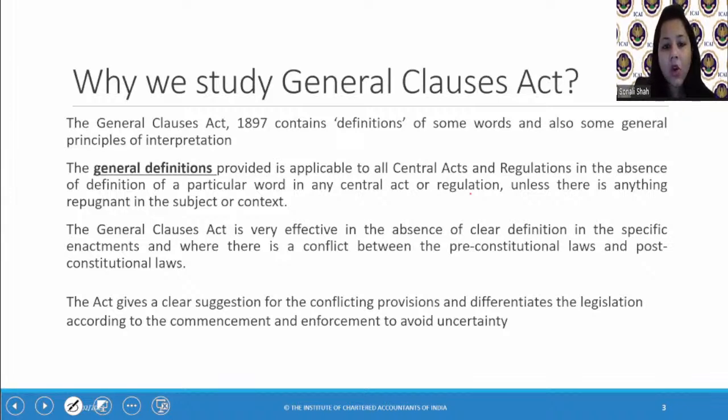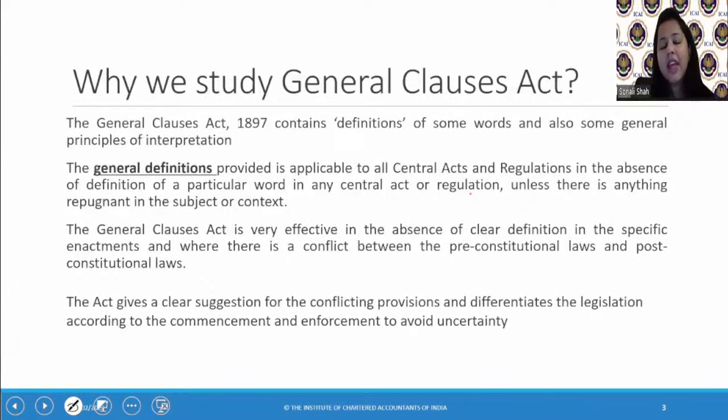In the Indian Contract Act also, section 2 is the definitional part. But often there are certain terms which have not been defined in that particular act, and if you require the meaning of those terms, you look to the General Clauses Act. Correct? This is why it becomes extremely relevant for you to study the GC Act.